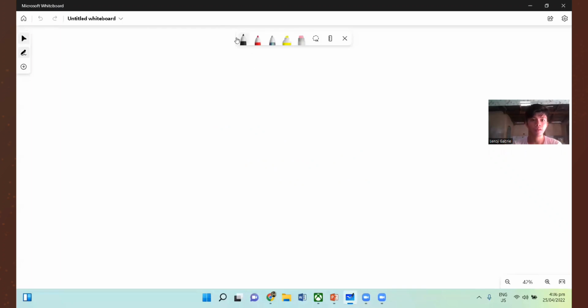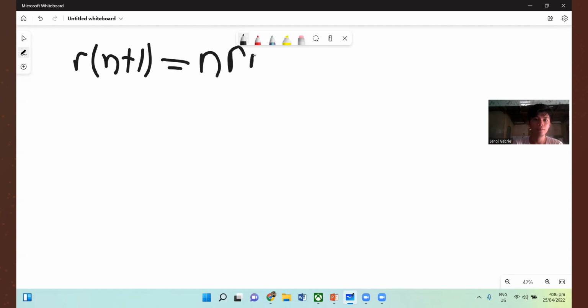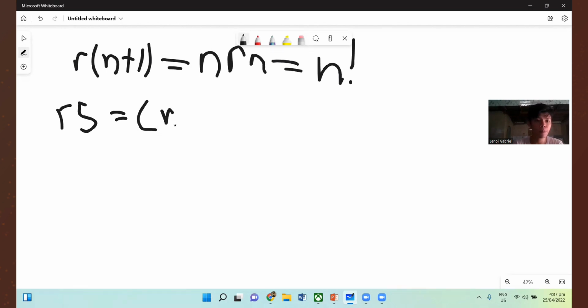So we have a formula: gamma of n plus 1 is equal to n gamma of n, which is equal to n factorial. To determine, let's say, gamma of 5, we are finding the factorial. We know that when finding the factorial we use n minus 1 factorial, so the answer is 4 factorial. Here the 5 is wrong because we start at 4.